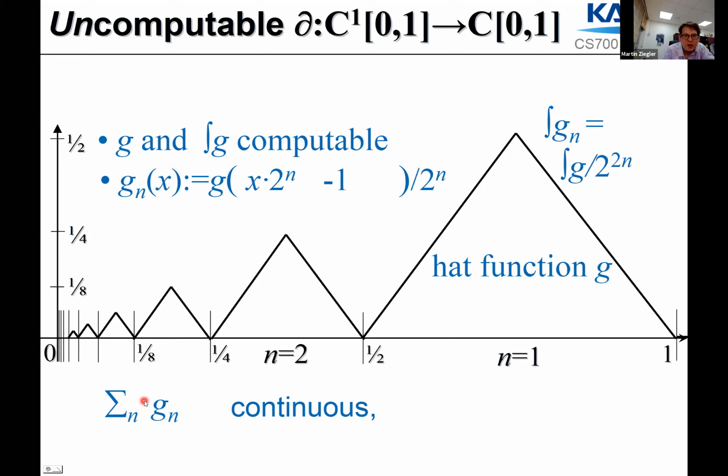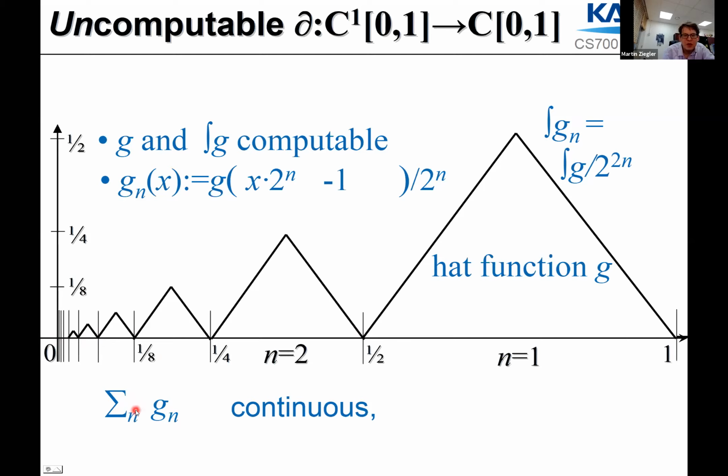So this is a continuous function. Also observe that convergence is not an issue here. Although it's an infinite series, a sum of functions, they have disjoint support. So wherever one function is non-zero, all other functions are 0 anyway. So this is only a formal infinite sum.